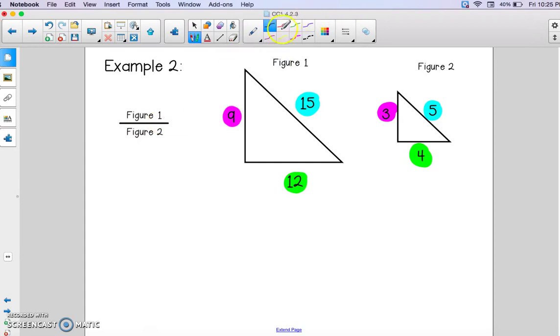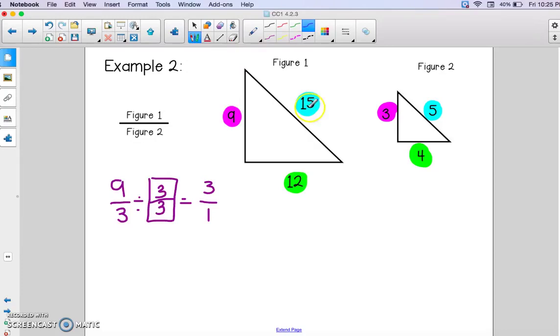I'm going figure 1 to figure 2. So starting out, we have 9 to 3, so 9 in figure 1. My corresponding side is 3 in figure 2. Again, I'm figuring out what number goes into both 9 and 3. I know that 3 goes into both 9 and 3 evenly, so 3 is going inside my giant 1. 9 divided by 3 is 3, and 3 divided by 3 is 1.